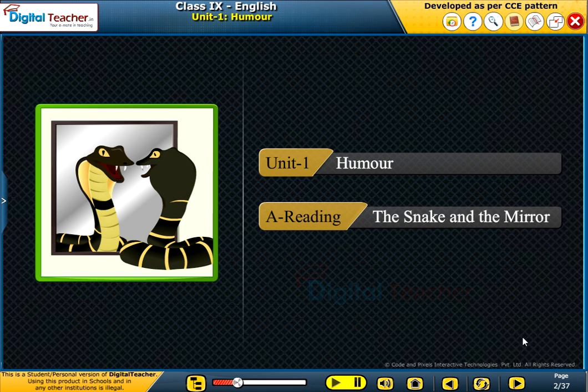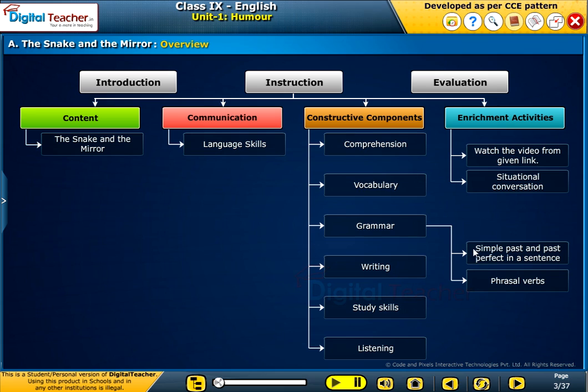Welcome to the reading section, The Snake and the Mirror of the unit Humour. Overview. Let us have a look at the overview. The overview slide consists of 3 sections, namely Introduction, Instruction and Evaluation.